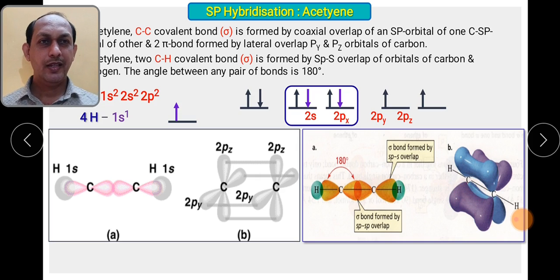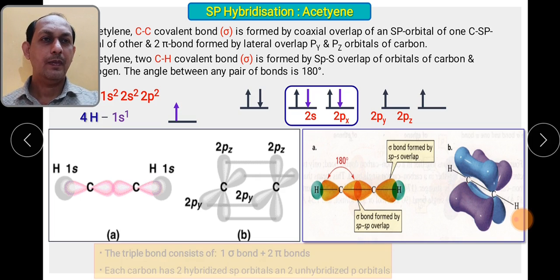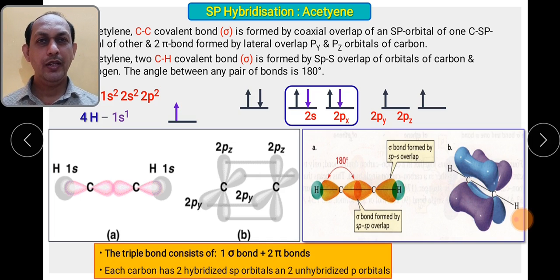So remember, acetylene is the example of sp hybridization for the carbon. As we know there is a triple bond, 1, 2 and 3. Out of the 3 bonds, 2 are pi bonds and 1 is a sigma bond. Remember always, 1 is a sigma bond and there are 2 pi bonds.